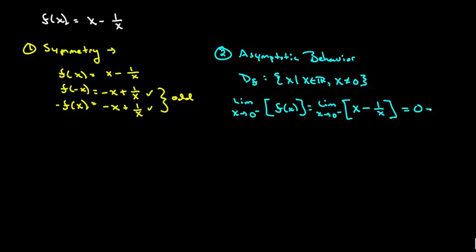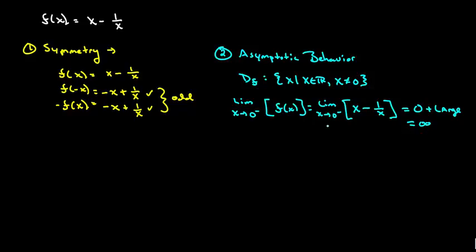So this right here is going to end up being a plus, and this is going to increase, become very large. So it's large in the positive direction, so this will approach infinity.